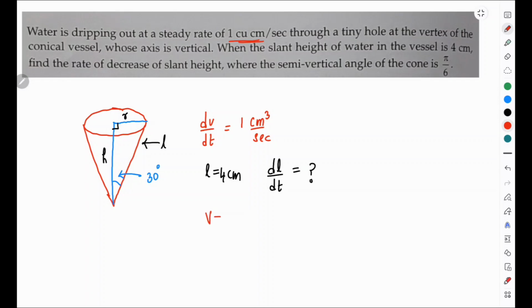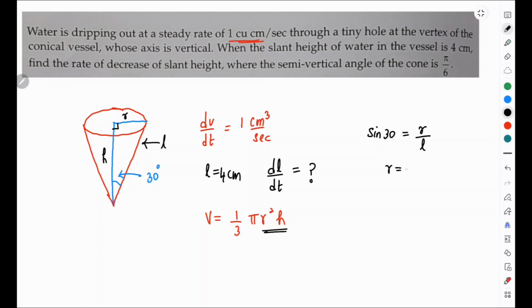Now what we know is volume is equal to 1 by 3 pi r square h. And it is being differentiated with respect to time only. But these two parameters are to be changed with respect to slant height. So I can write sine 30 is equal to r by L, which is opposite by hypotenuse.